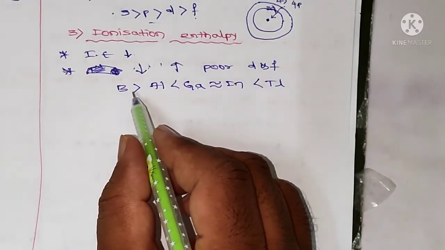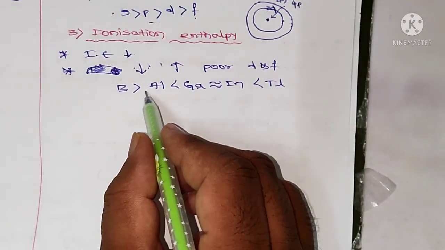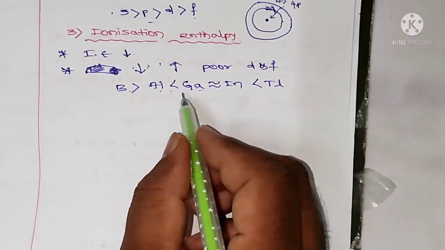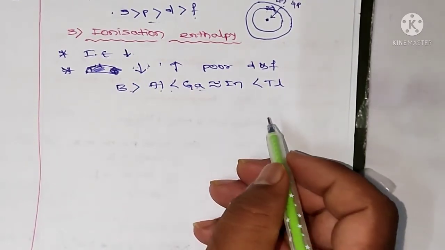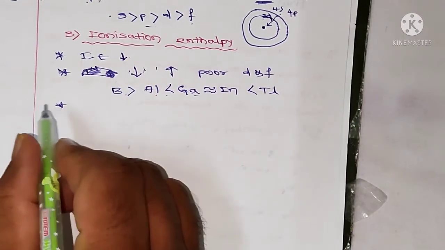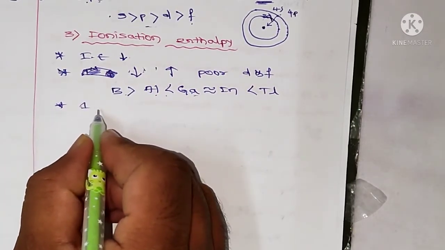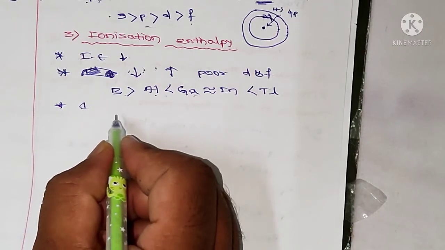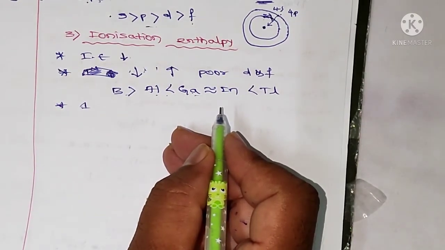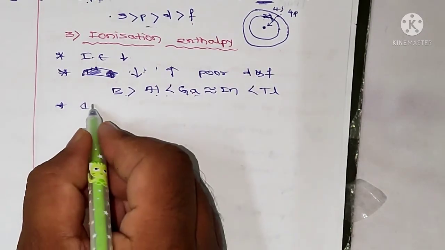So first the ionization enthalpy decreases, then it increases. And the first ionization enthalpy is less than the second ionization enthalpy, and the second is less than the third ionization enthalpy.